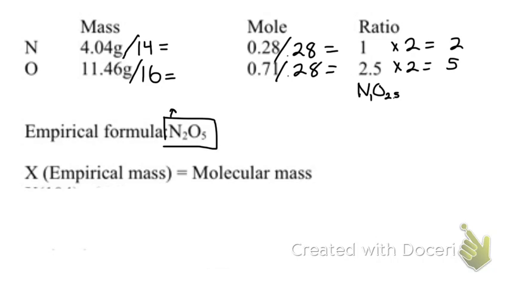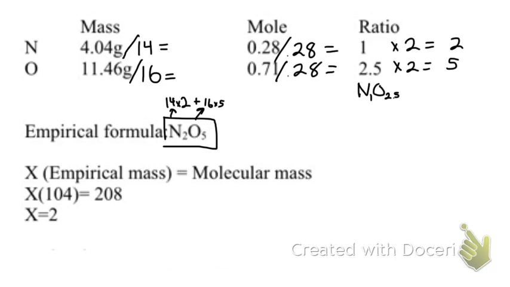And we know that because nitrogen is 14, and we have 2 of them, plus oxygen is 16, and we have 5 of them, we know that our answer is going to be 104. The molecular mass we were given was 208 grams per mole. So now to solve this problem, we divide both sides by 104, X equals 2.